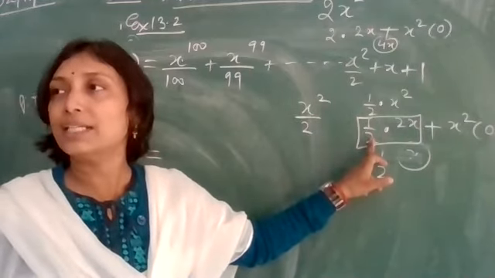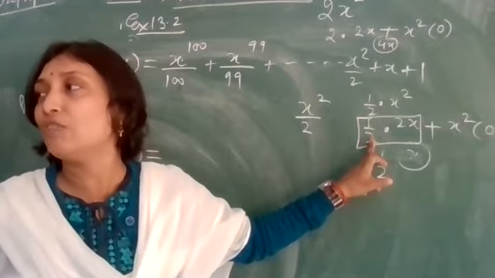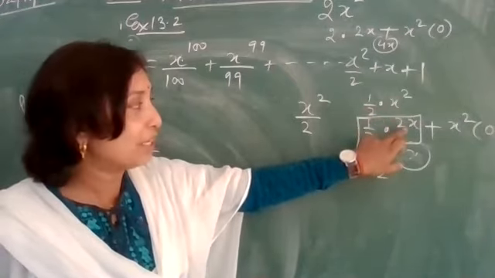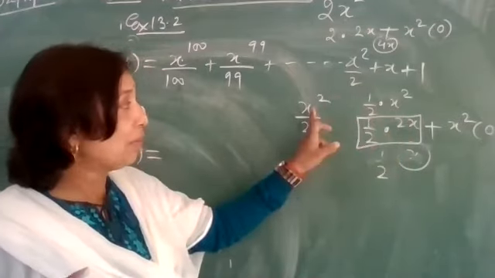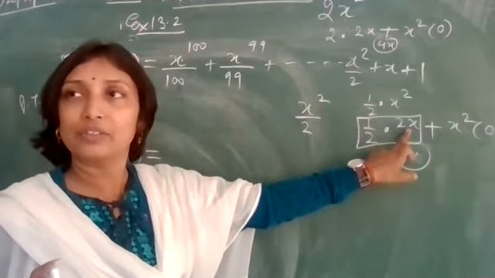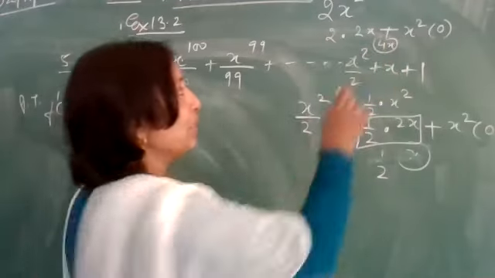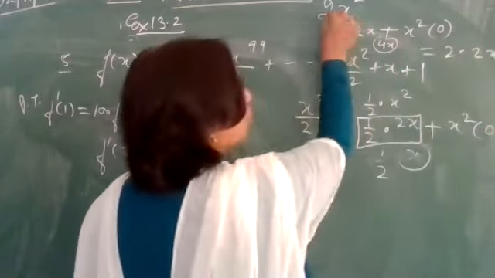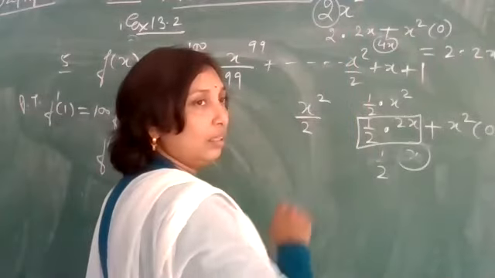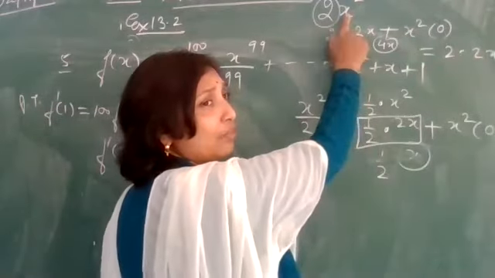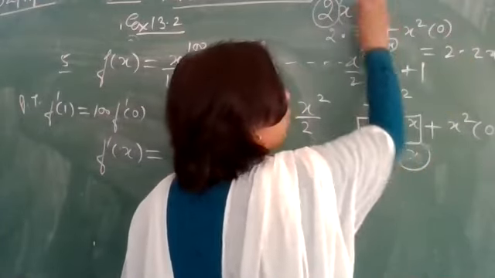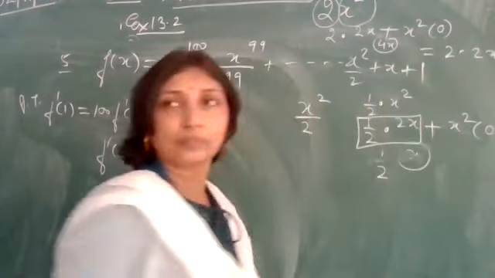Whatever constant is in multiplication with the variable, that is coming as it is, and along with it in multiplication comes the derivative of whatever variable is there. Similarly, look here. 4x means 2 into 2x. 2, which was a constant in multiplication with the variable, came as it is, and the derivative of x square.